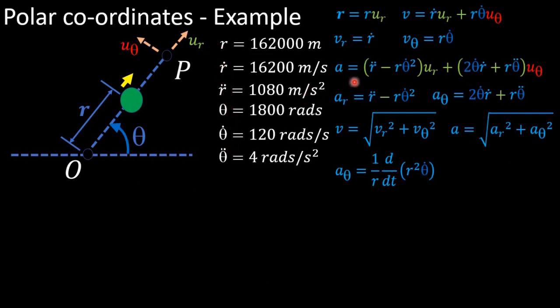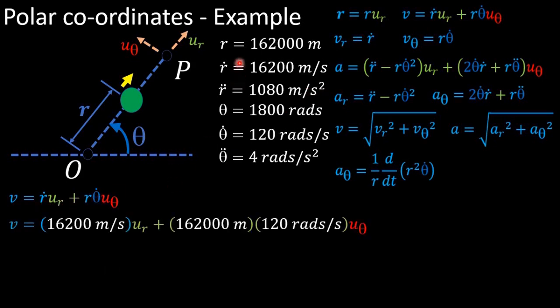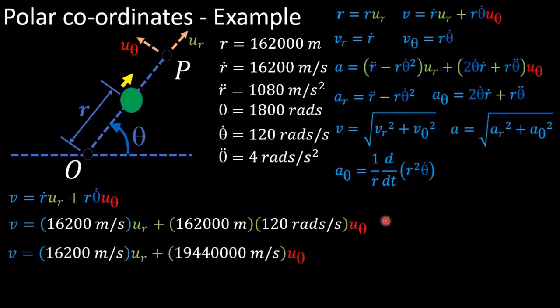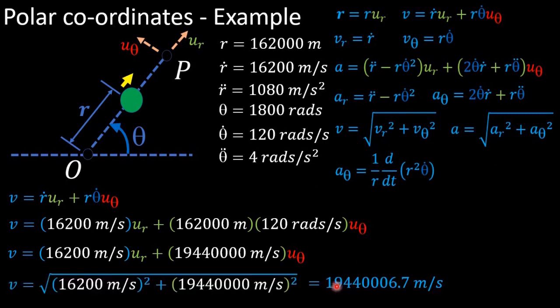Now I can find the velocity using this equation. I substitute r dot, r, and theta dot to get this. I end up with that, and then I apply Pythagoras to get the magnitude, and I get this number, which is the magnitude of my velocity at t equals 30 seconds.